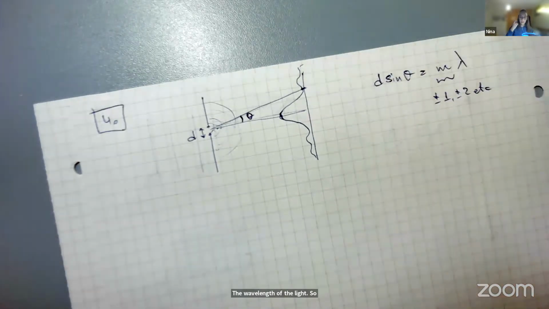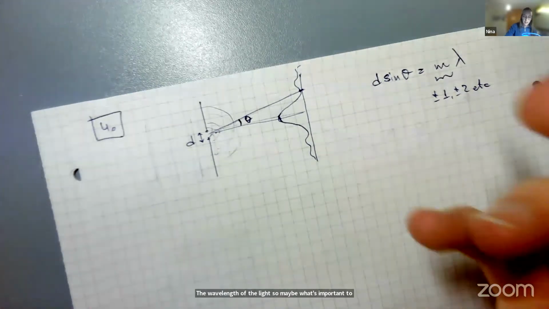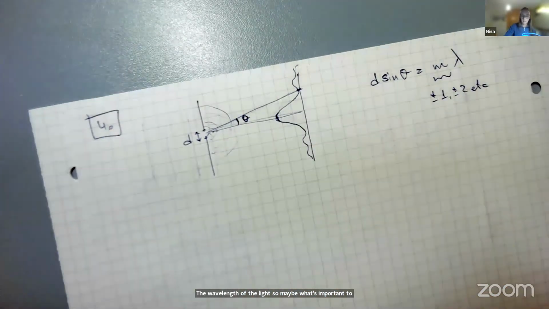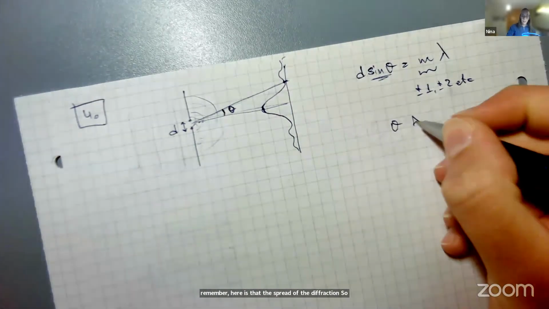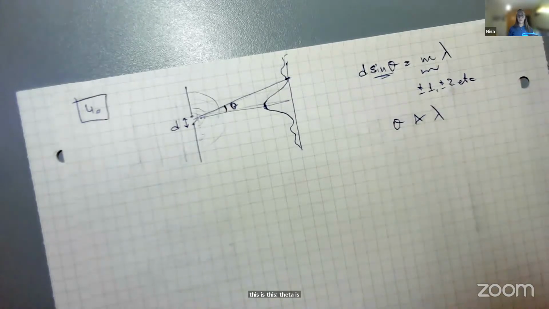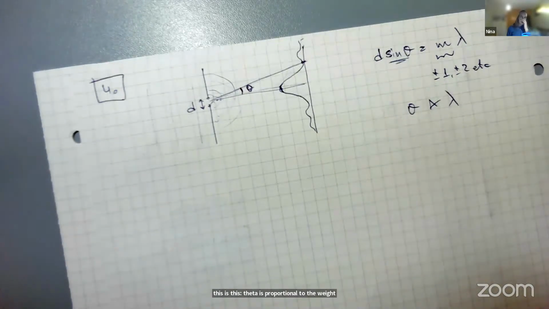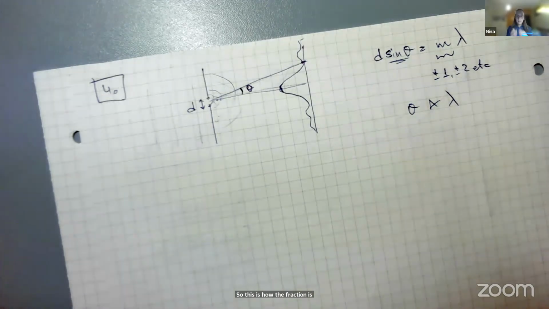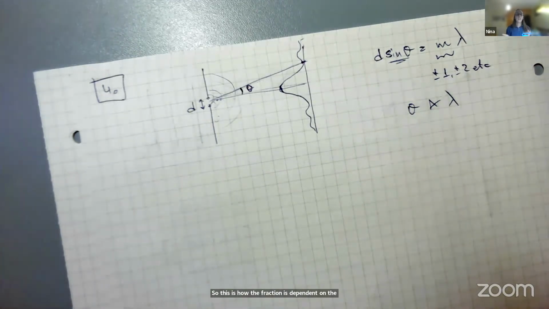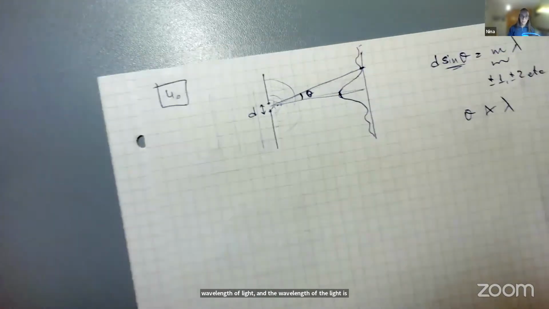So maybe what's important to remember here is that the spread of the diffraction, so this is this theta, is proportional to the wavelength. So this is how diffraction is dependent on the wavelength of the light, and the wavelength of the light is dependent on the medium through which the light travels.